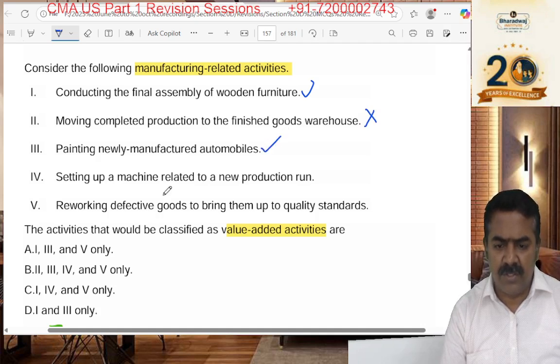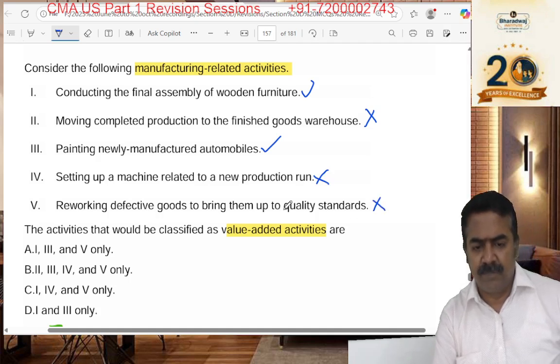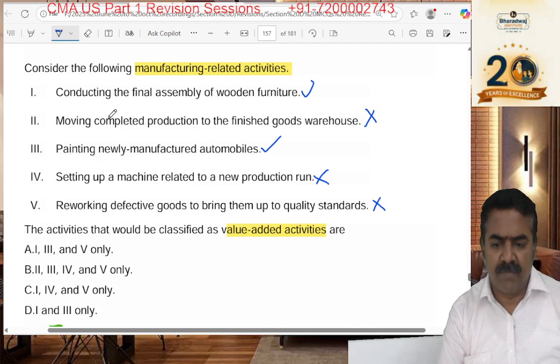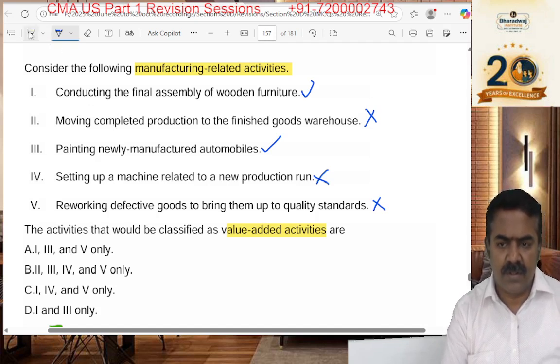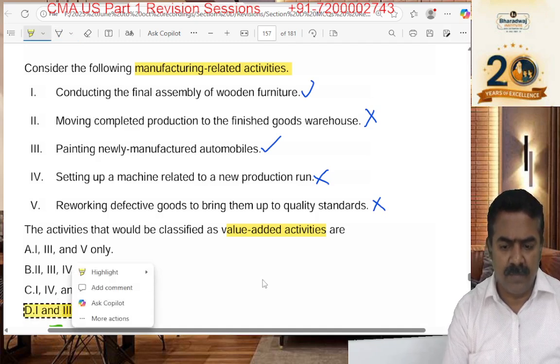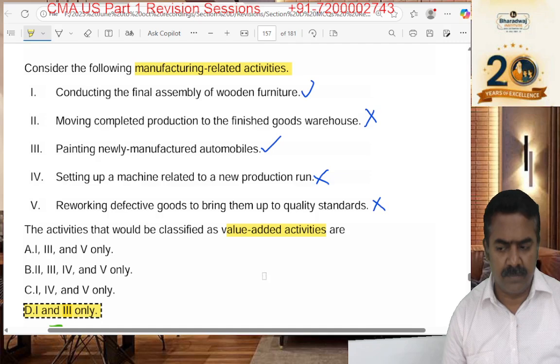Painting is value addition. Setting up a machine is not a value addition, it's regular work. Reworking on the defective goods is not a value addition at all. Answer is D, 1 and 3.